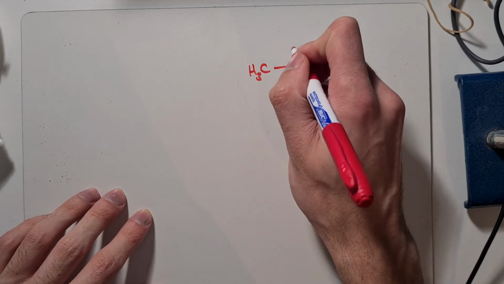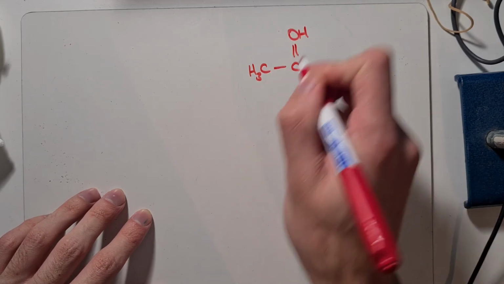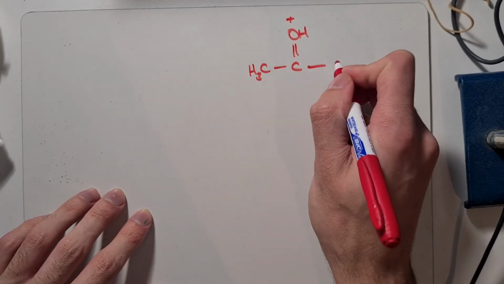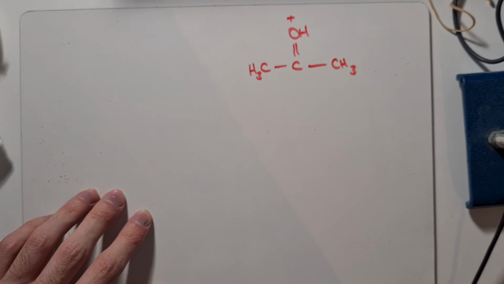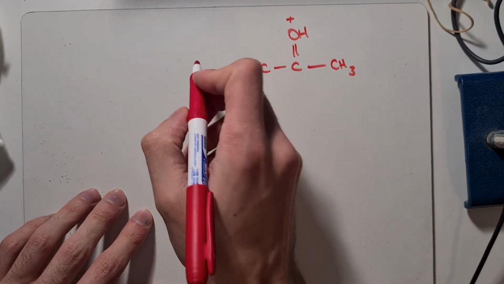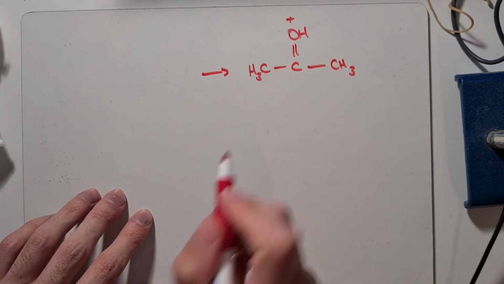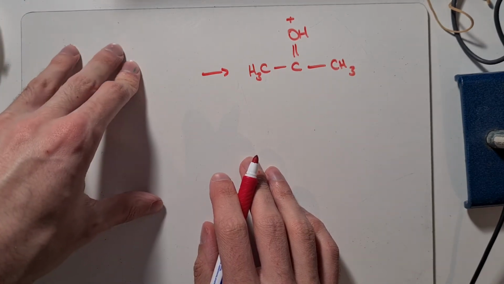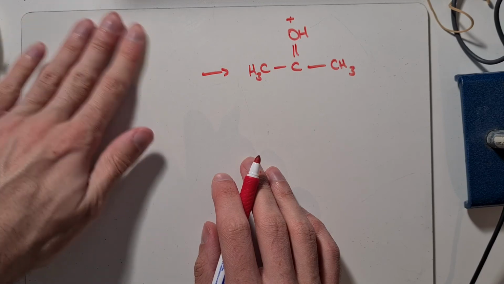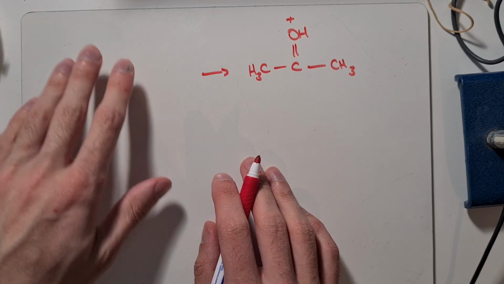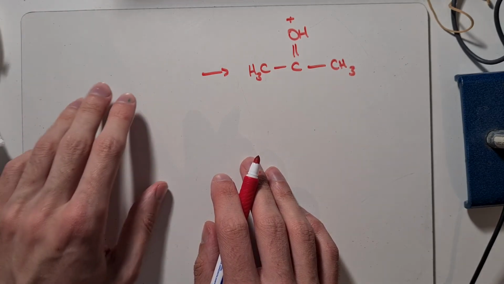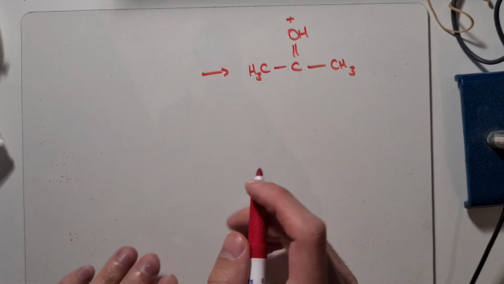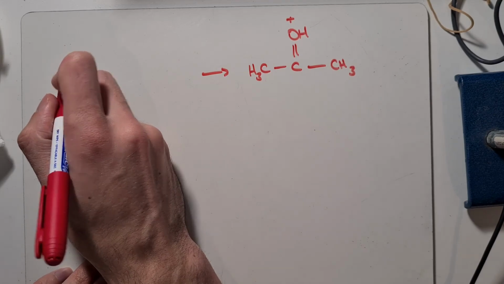It's this double bonded oxygen with a single bond, which makes it positive, and then CH3. We know our iodine's not going to be in here because it's 0 order, so it won't be in the slow step. So it's whatever else is left, and we know we've got CH3, CO, CH3.